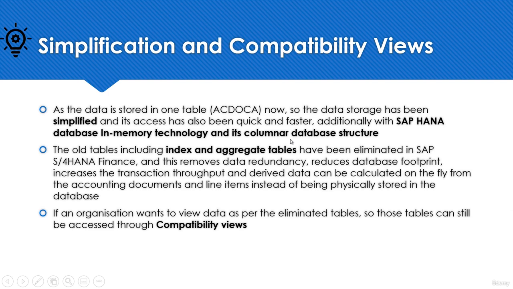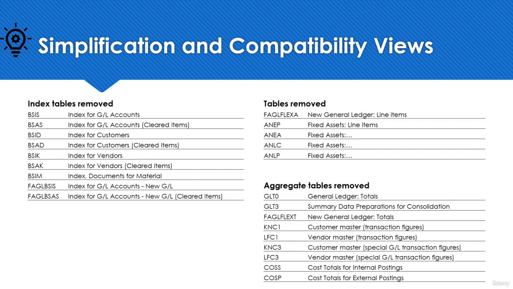If an organization wants to view data as per the eliminated tables, those tables can still be accessed through compatibility views. So here is the image published by SAP itself for the removed tables, index tables, and aggregate tables, which are removed in SAP S/4HANA, and these tables exist in SAP ERP system, which is the older version of SAP S/4HANA Business Suite.